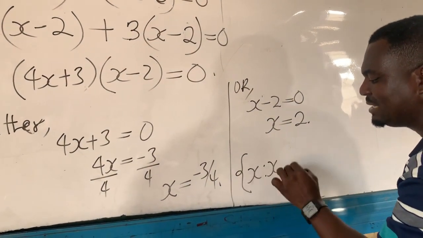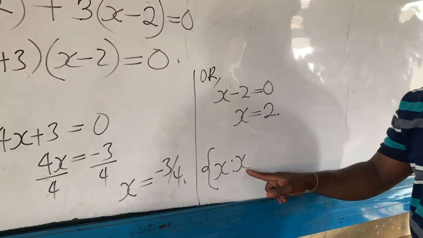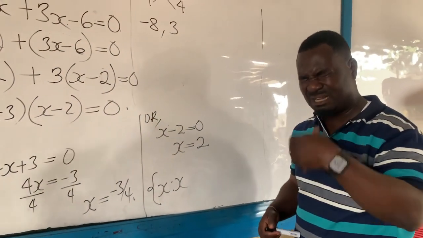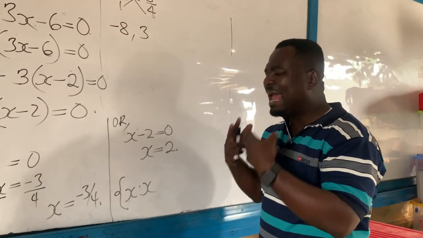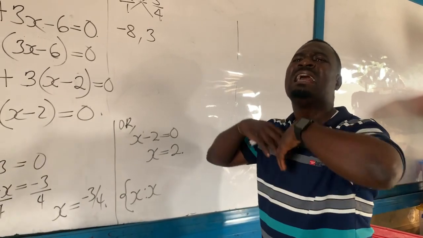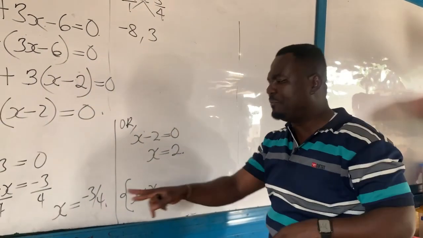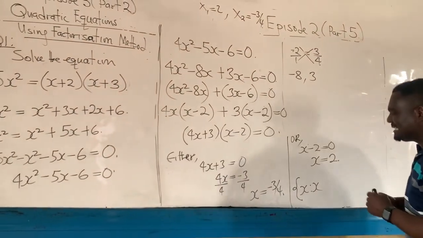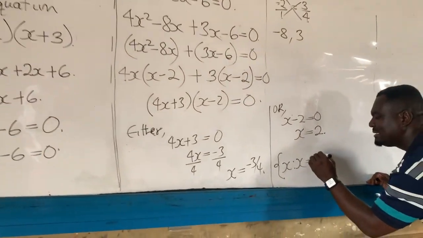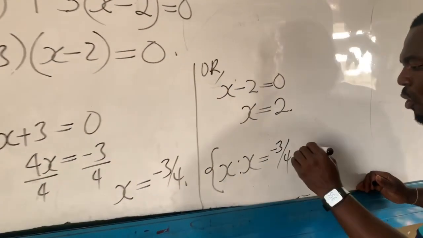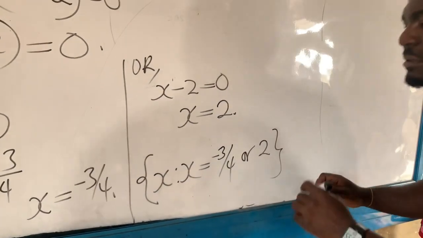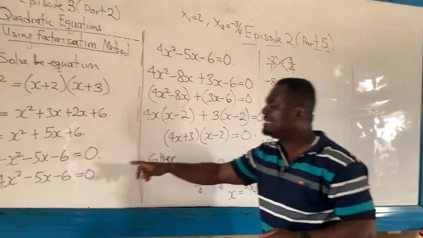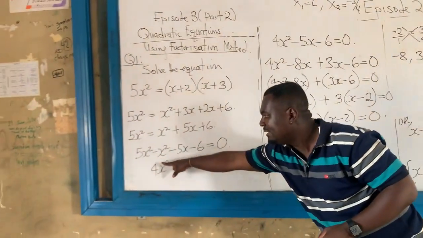We write the solution as: x is such that x cannot be any number apart from these two numbers, so far as this equation is concerned. So x is such that x is negative 3 on 4 or 2. It tells you that these are the only two numbers that can make this equation turn 0.